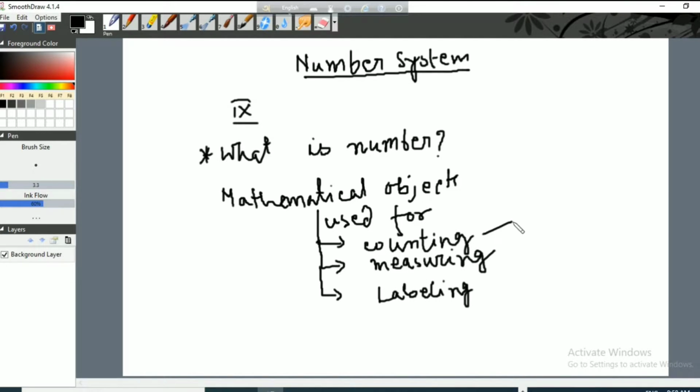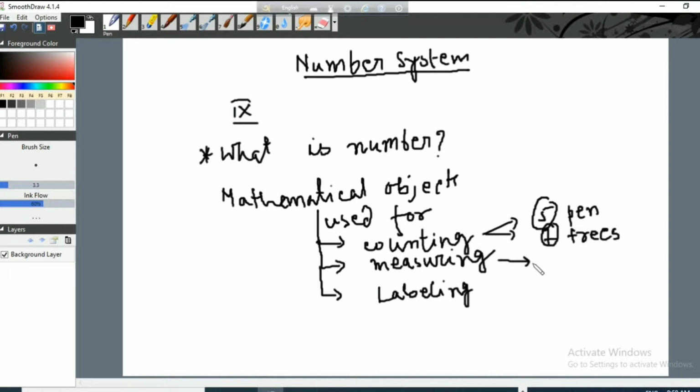Counting, for example, 5 pens, so it is counting pens. Then 7 trees, etc. So by using numbers, we can count. So numbers are mathematical objects that help us to count.